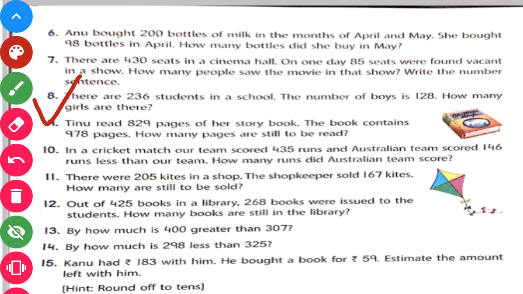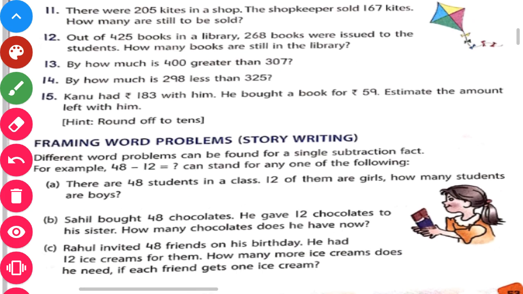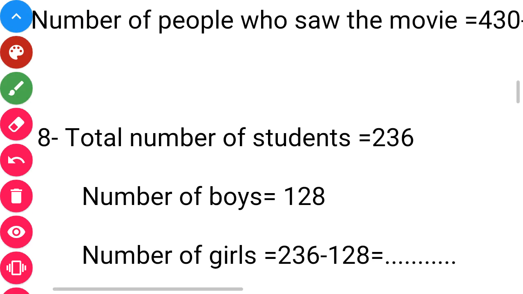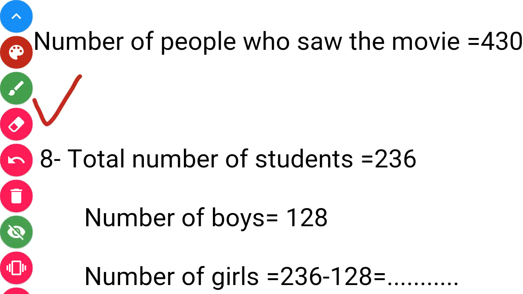So let us write the statement. Tell me, what will be our first statement? Our first statement will be: total number of students equal to 236.